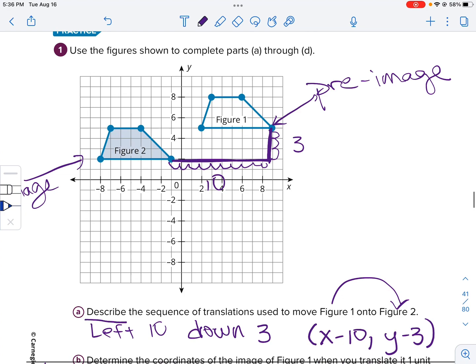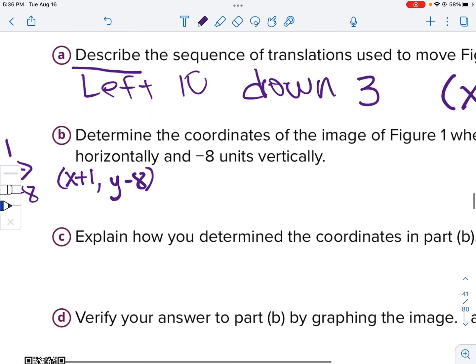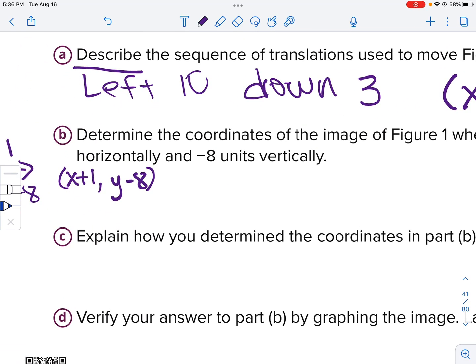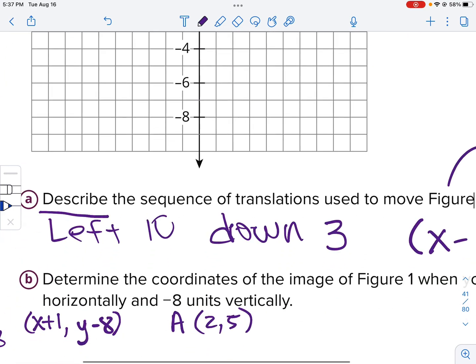So my original points, if I was going to look at my original points, I have this point right here, and that point is 2, 5. So my original, I'm going to say A, 2, 5. So I'm going to name this A, I'm going to name this B. So that's going to be 3, 8.